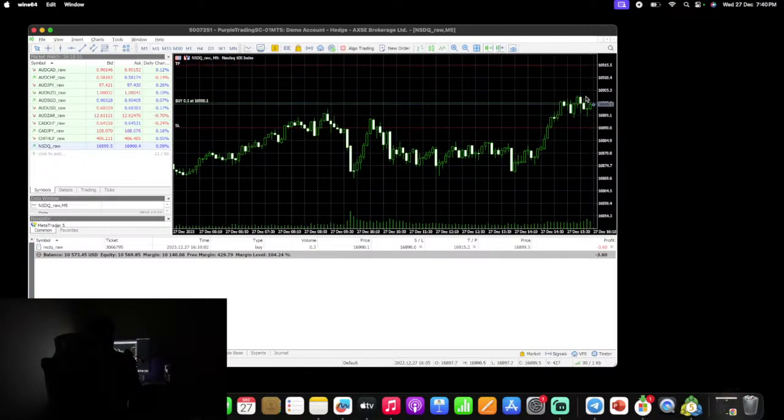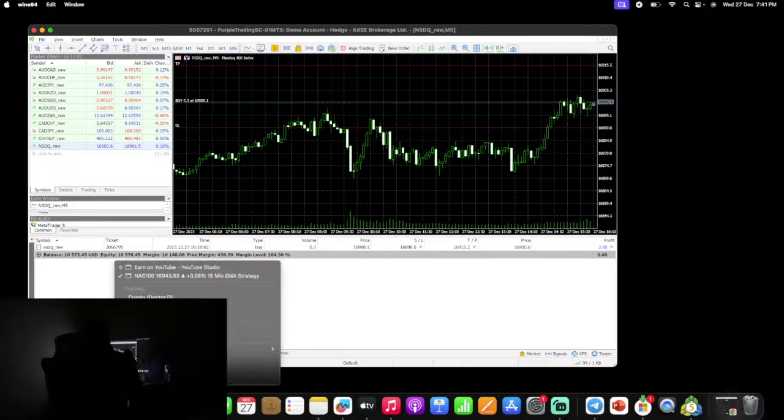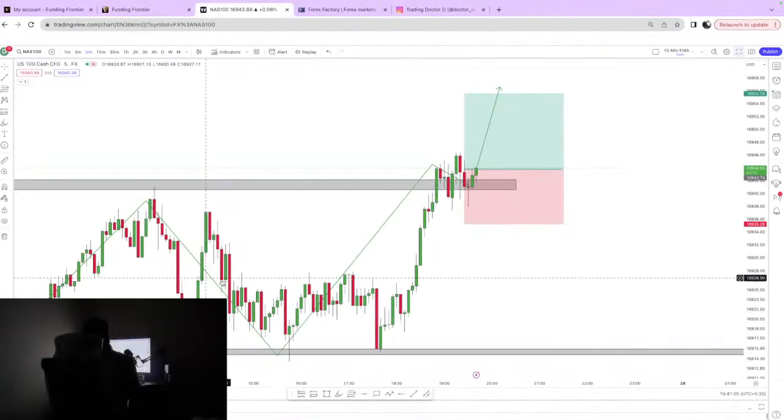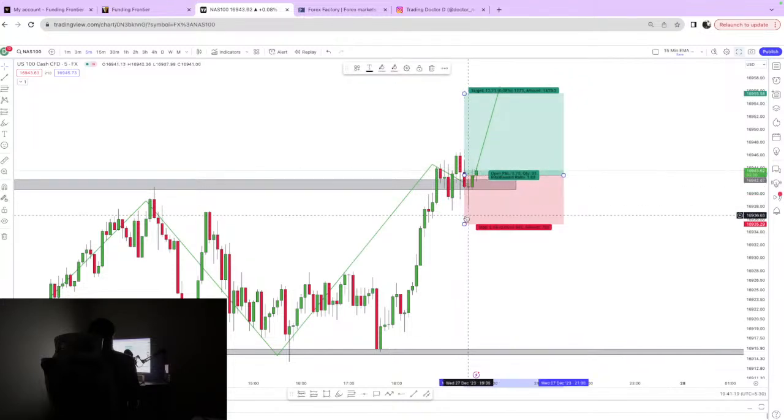So you can see this is the stop loss, this is the target, and our trade is opened. A very quick trade for today. I don't know whether it will hit the target or stop loss, but yeah, trade is done, taken.